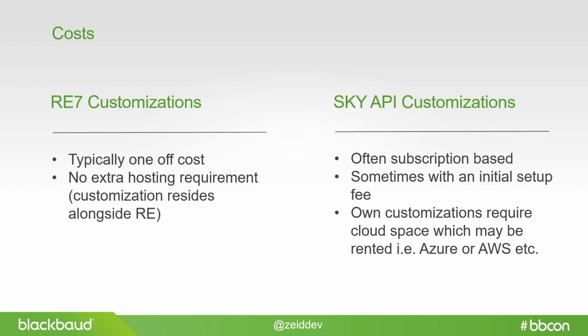They may have an initial setup fee as well, just to get you going, to get things set up for you. And of course, your own customizations you might write would require cloud space, as I said, Azure, AWS, etc., which need to be rented. That's a cost as well. When you subscribe to a customization, obviously that fee would cover that rented cloud space.